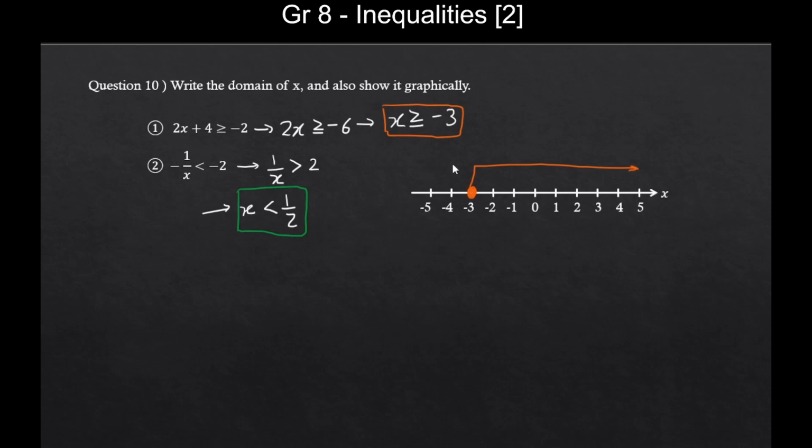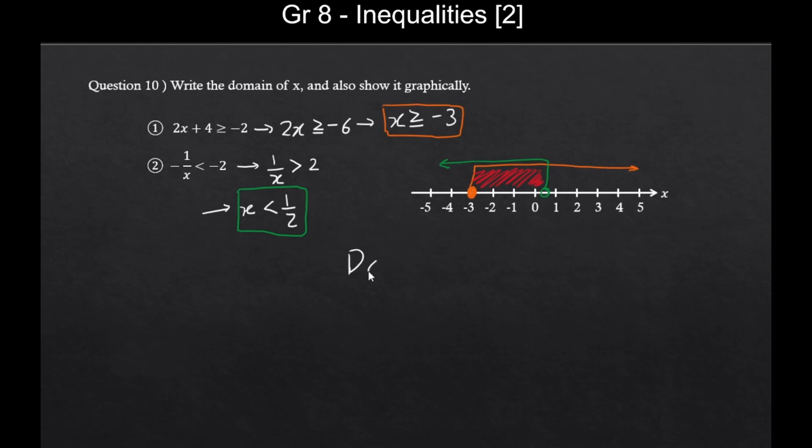That should be somewhere in here. But without coloring it because it's not including 1 over 2, right? And x is smaller, so we should go this way. Now we see that only this region will satisfy both inequalities at the same time. Make sense?